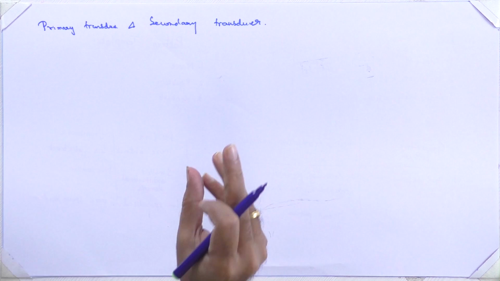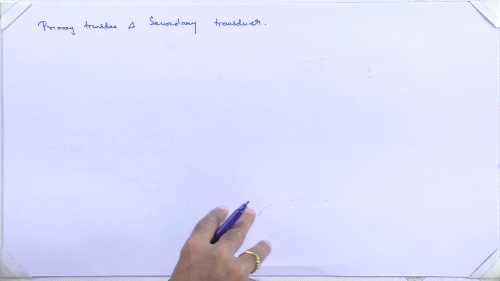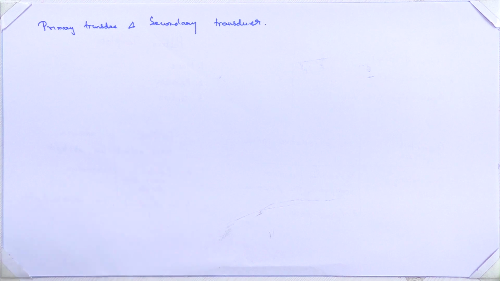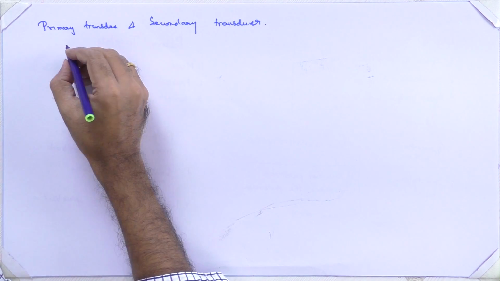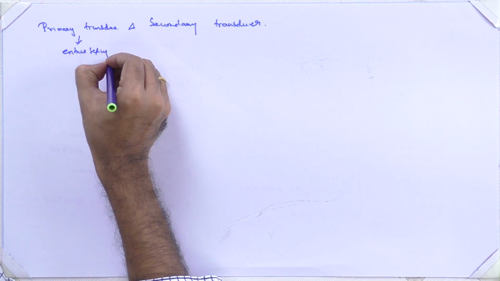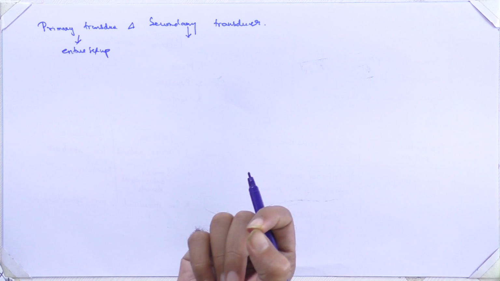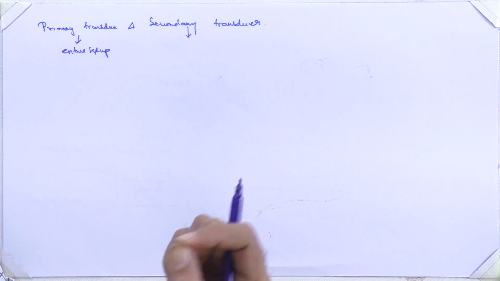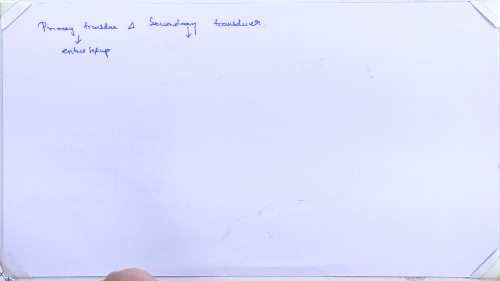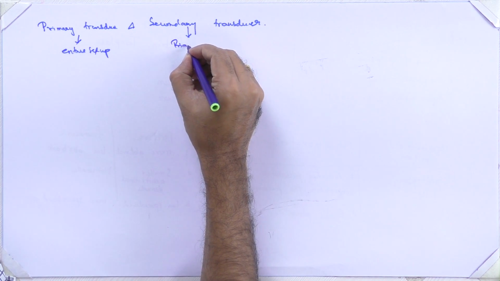Inside, a primary sensing element is present which is going to take this physical parameter, sense it and give the output. So the entire setup is called the primary transducer, and the real primary sensing element which is present inside this entire setup is called the secondary transducer.